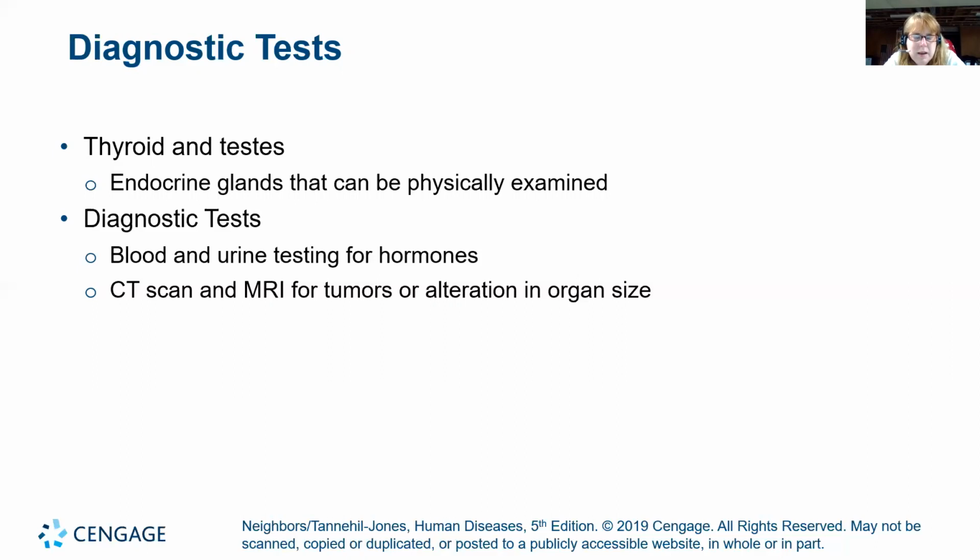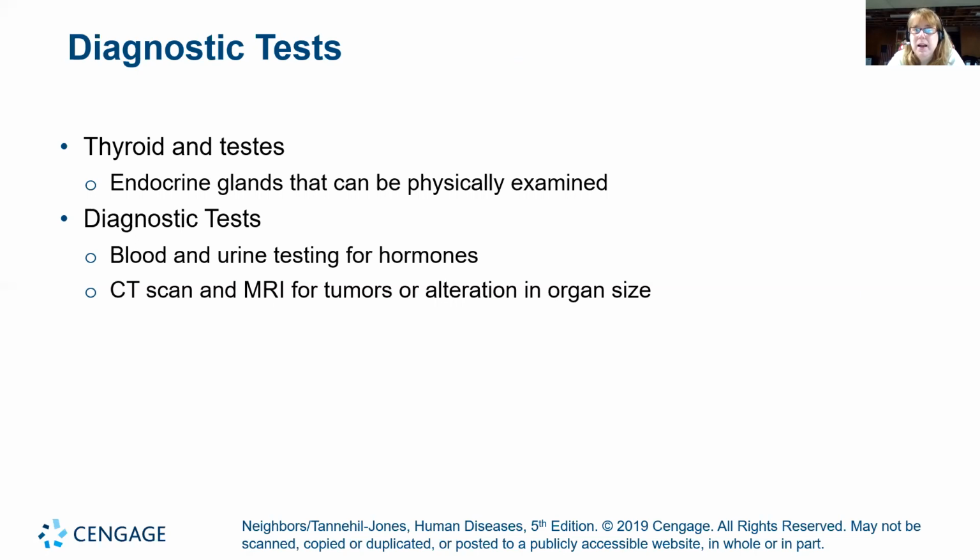But most of the time when we're thinking about diagnostic tests, we are thinking about using blood and urine to test for hormones. If we're worried about the organs that are producing those hormones, most of the time we would use a CT scan and an MRI. X-rays aren't real great because most of the time these glands are soft tissue and they do not X-ray well.